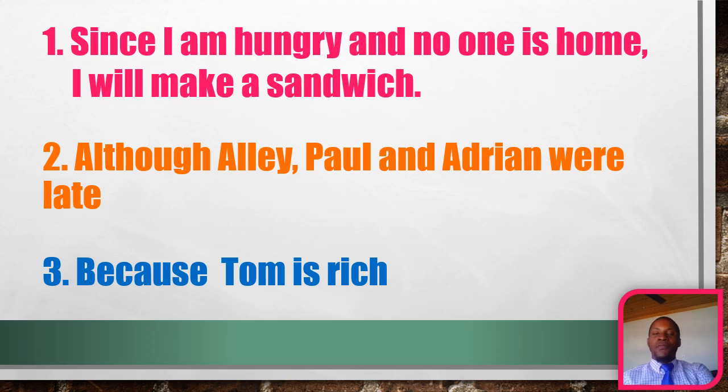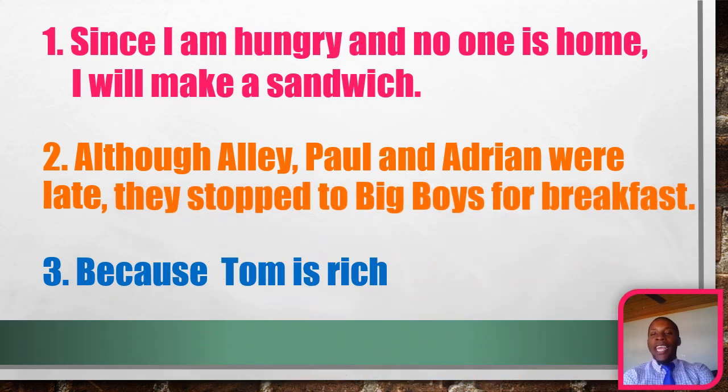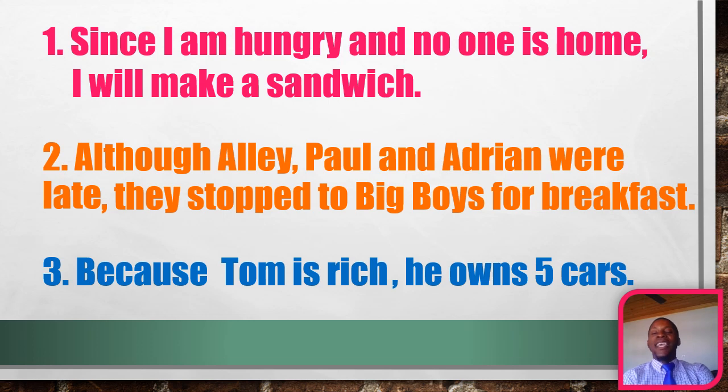How about this one? Although Ali, Paul, and Adrian were late, comma, they stopped to buy big boys for breakfast. Don't ever forget to include your comma between your subordinate and your independent clause. Here's our final example. Because Tom is rich, comma, he owns 5 cars. Tom has a whole lot of money.